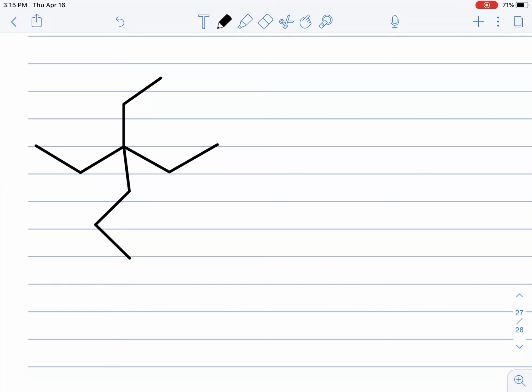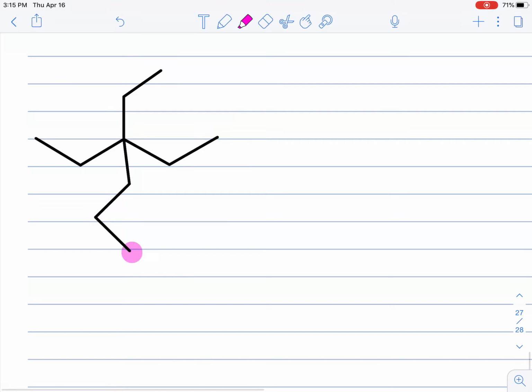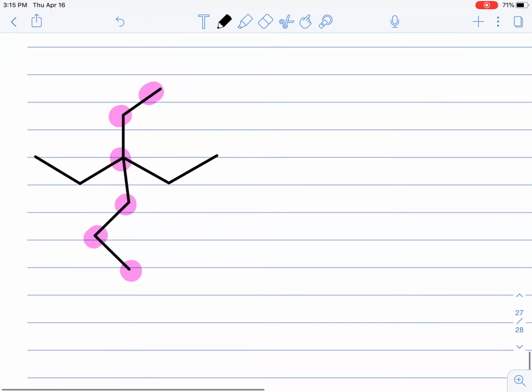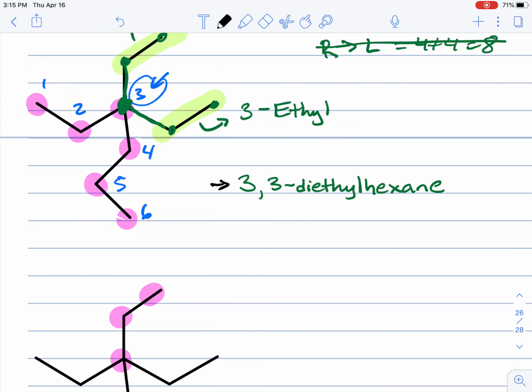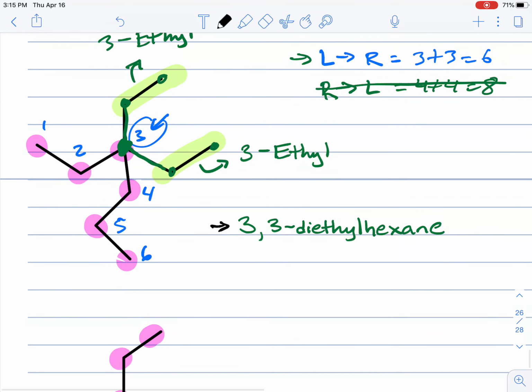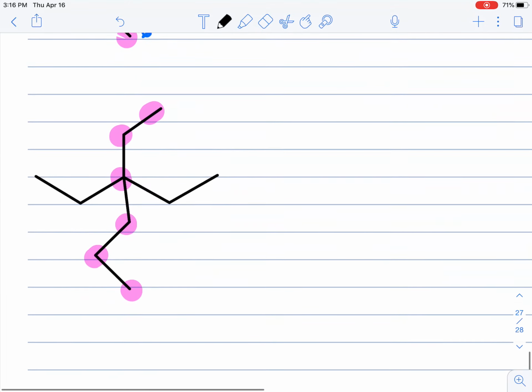All right. So earlier I mentioned that there's a different way to number this specific compound, and if you go from bottom to the top or top to the bottom, this will also give me 6. And so sometimes you guys will get the same answer, sometimes you guys won't. We can just go ahead and check to see if we're going to get the same answer that we did when we did it the first time around.